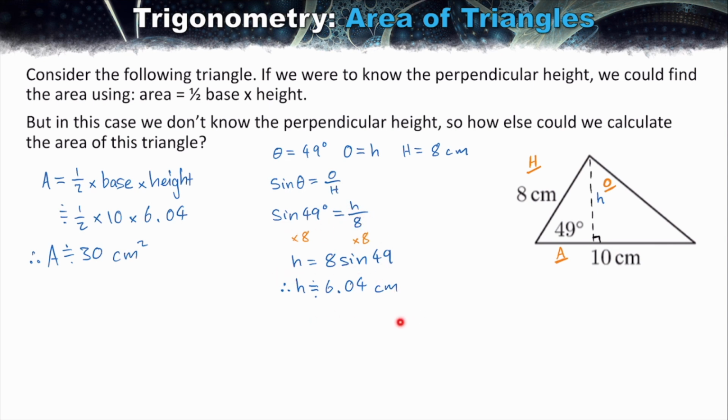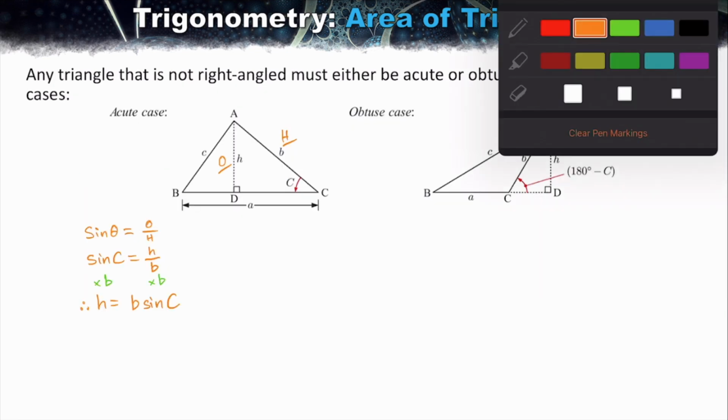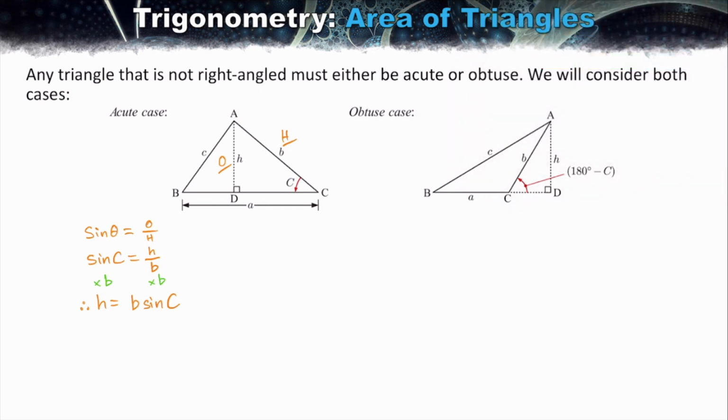And what we did with that is we substituted it into our area formula. So let's have a look at what happens when we substitute that into our area formula. So our area is equal to half times base times height. Well, we've got to consider here, what is our base going to be?